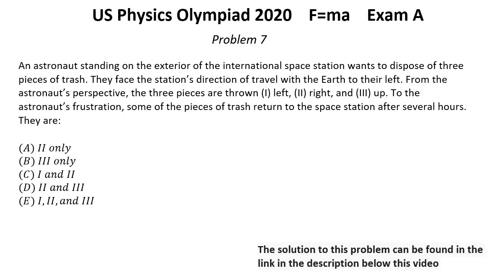From the astronaut's perspective, the 3 pieces are thrown first left, second right, and third up. To the astronaut's frustration, some of the pieces of trash return to the space station after several hours. They are the following. Solution for problem number 7.